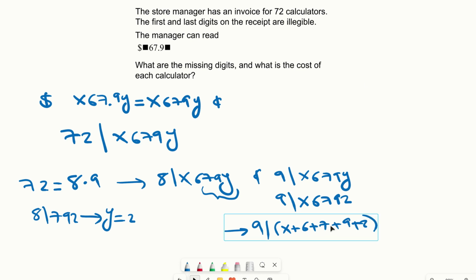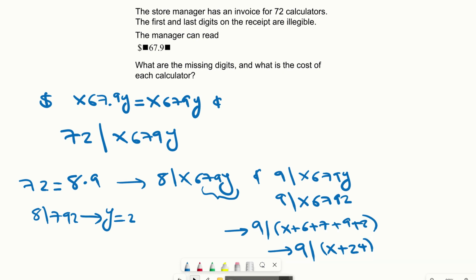Now that's what? 13, 22, 24. So that means 9 must go into x plus 24, right? Make sure we did it correctly: 6, 13, 22, 24. Okay, so now we have to see what values for x, remember digits 0 through 9, would make this a multiple of 9, basically, right?